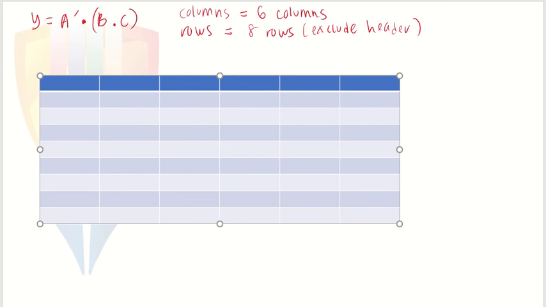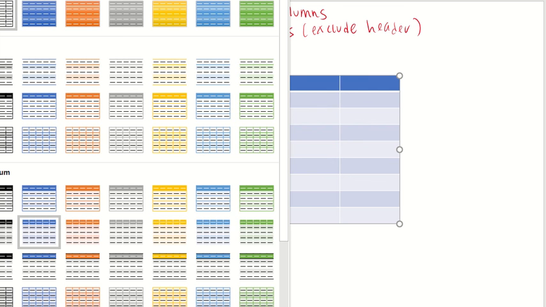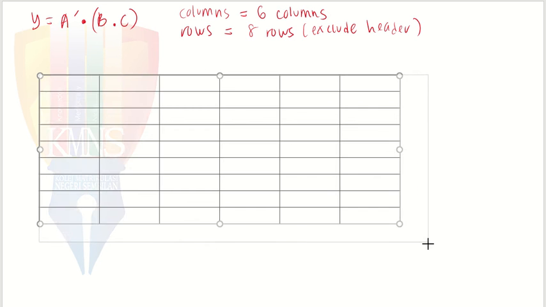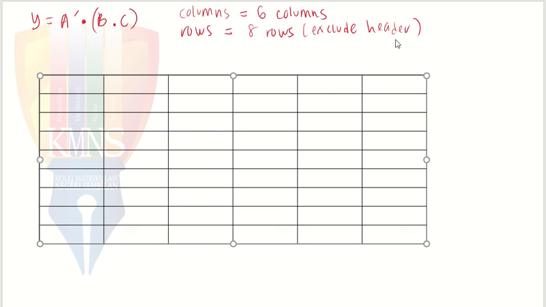I think I will just get the white one. Okay, so like this. Make sure you create it using your ruler. You need to create it including the header. This one will be the header. Including the header, it will be 9 rows and 6 columns.